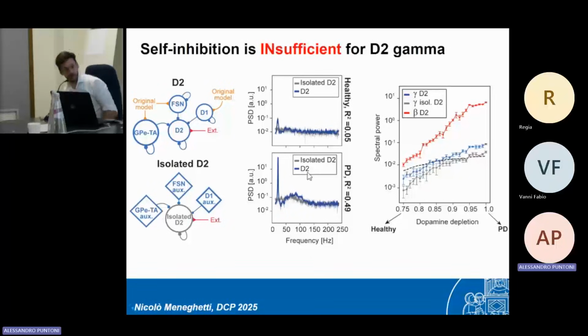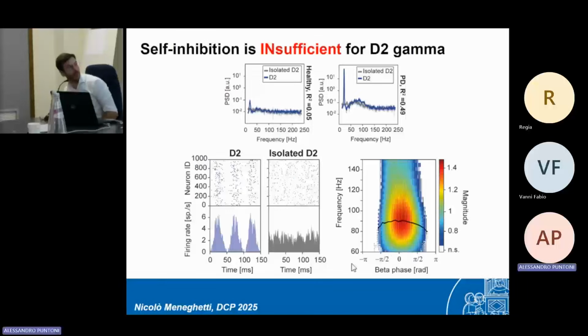But when we substitute the inputs to the striatum with the Parkinsonian equivalent inputs, we have, again, an increase in gamma oscillation, but it dances around the threshold of statistical significance, meaning that on its own, this nucleus is not able to reproduce the gamma oscillation we observe in the whole network.